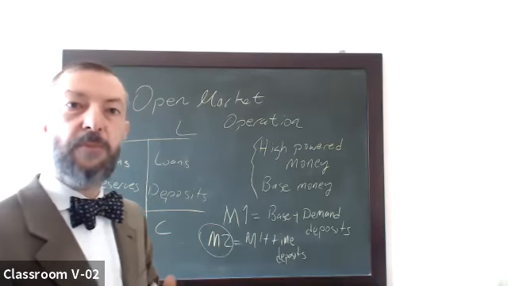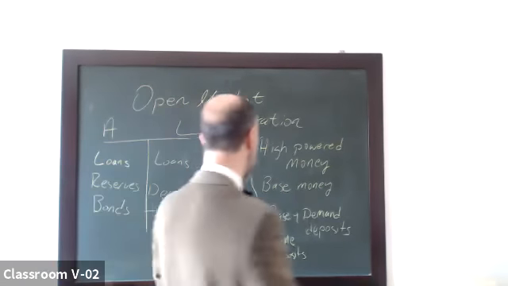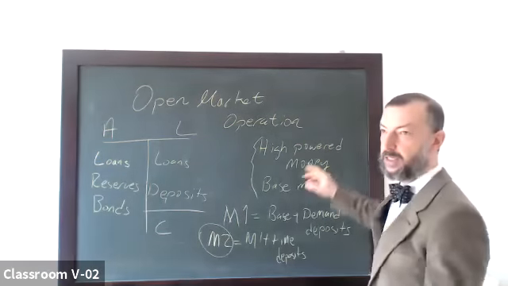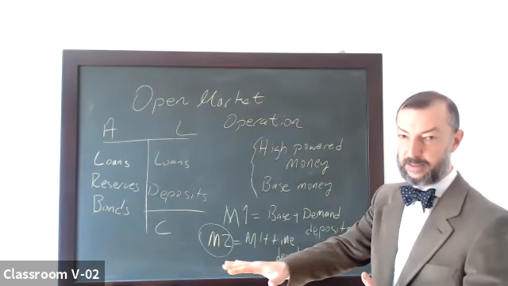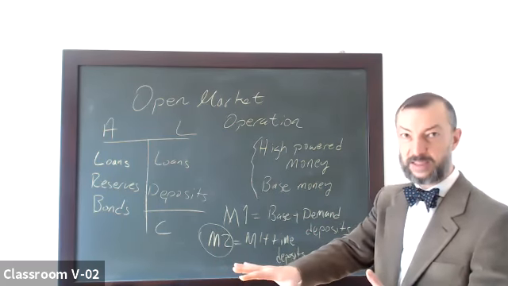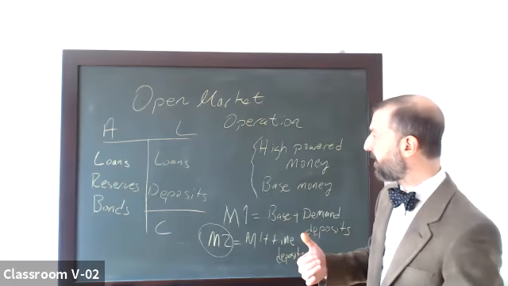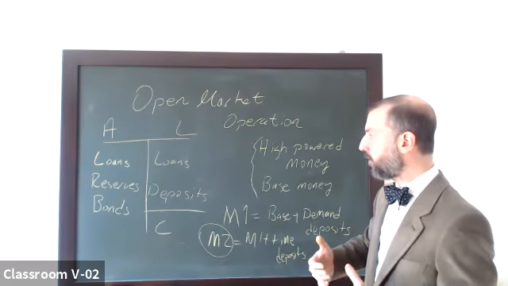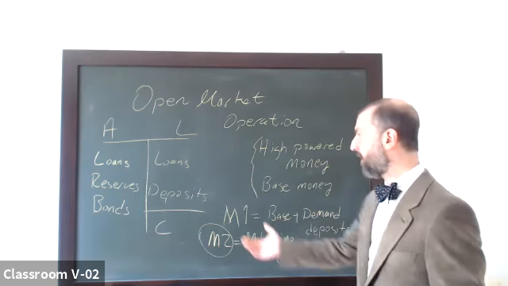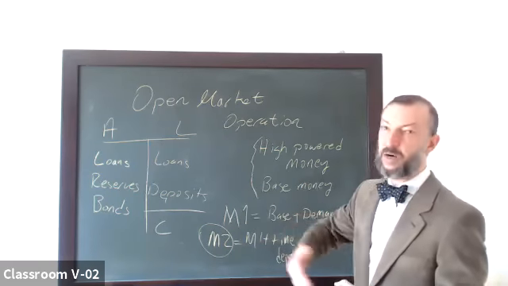This is called the money multiplier, and that's exactly why this is called the high-powered money. If you give one more lira in bank reserves to the banking system, it is going to take that and turn it into loans. Loans are going to become deposits. Deposits are going to become more loans.